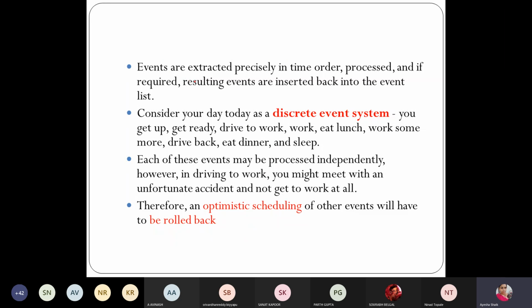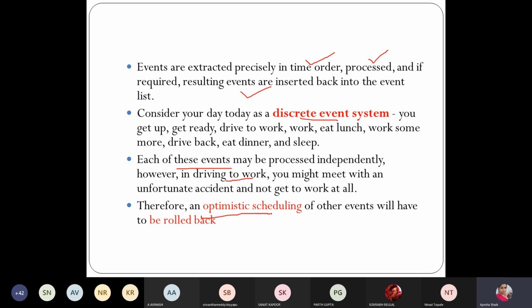If we take the events, where we have time order and we have to process those events, and if required, the resulting events are again inserted back into the event set. If we are considering a discrete event system, we have to wake up, get ready, drive to work, and all those things. All these events can be processed independently also, but if while driving some unnecessary things happen, then definitely it also affects.